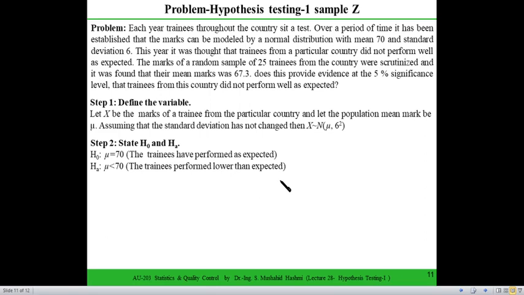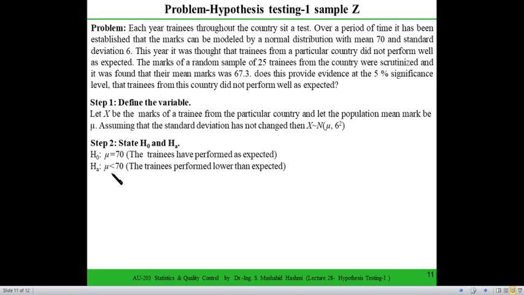So this is your status quo, or your prior claim. And your alternative, or contradictory, claim is that in a particular year the performance of the trainees is not up to the mark and their mean score comes out to be less than 70. Here the sample statistics show that the mean mark is 67.3, which is less than 70.